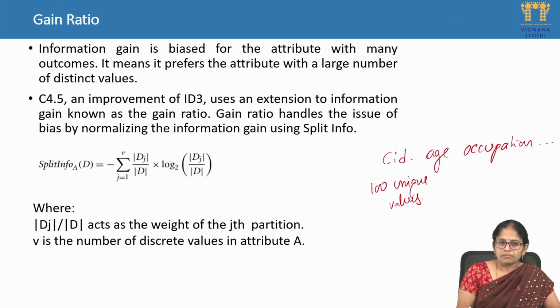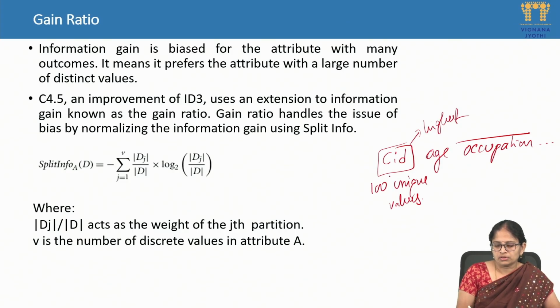Now if I apply information gain equations upon this particular customer ID, then obviously it will get the highest value when compared with the remaining attributes of this data set. Why? Because it has a unique number for each record. So that many splits are created, which doesn't give any analysis over the data set.